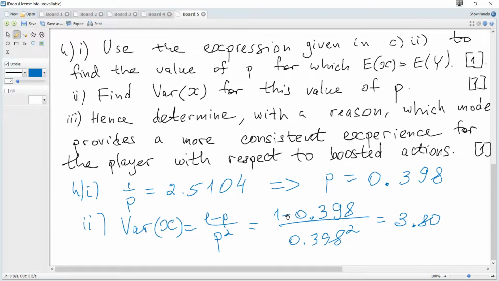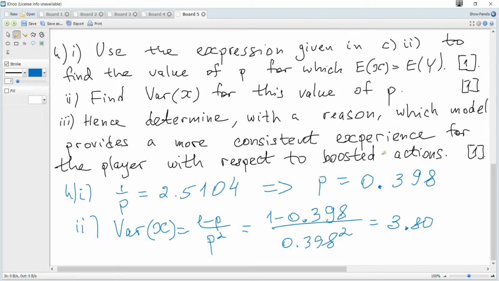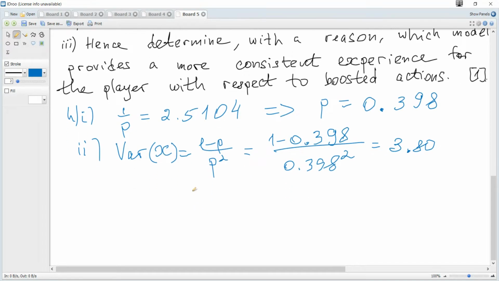And the last question, you can see also only 1 mark. Hence determine with a reason which model provides a more consistent experience for the player with respect to boosted actions. And actually, what does it mean to be more consistent? It's about variance or standard deviation, because variance is just standard deviation squared.